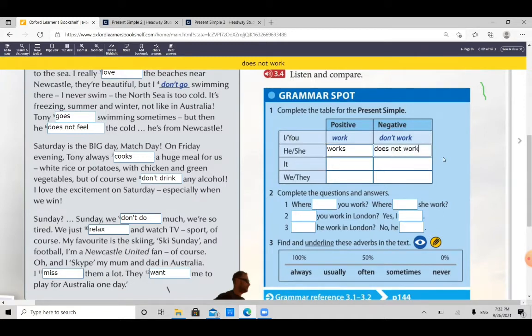We delete the s in negative. Asia? Works, doesn't work. And Abdurrahman, the last one: we work and don't work. Very good. So we or they work, we do not work or they do not work.